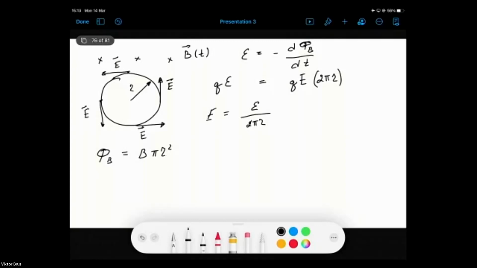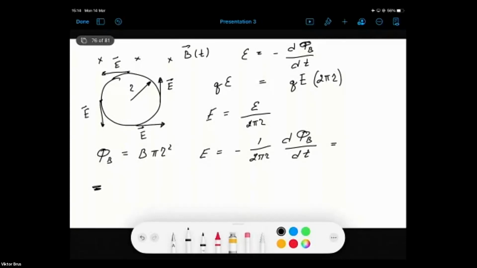And electric field E will be equal to minus 1 over 2 pi R times, instead of epsilon, we substitute minus dFB over dt.